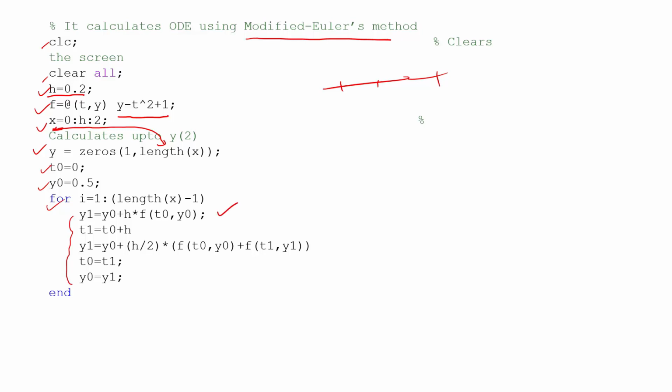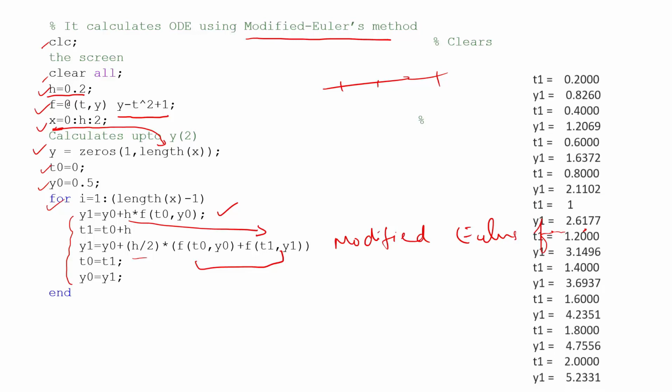You can see that this is Euler's method, and by averaging the two slopes you get the modified Euler's formula. Finally, since I haven't put a semicolon over here, you will see the answer iteratively.